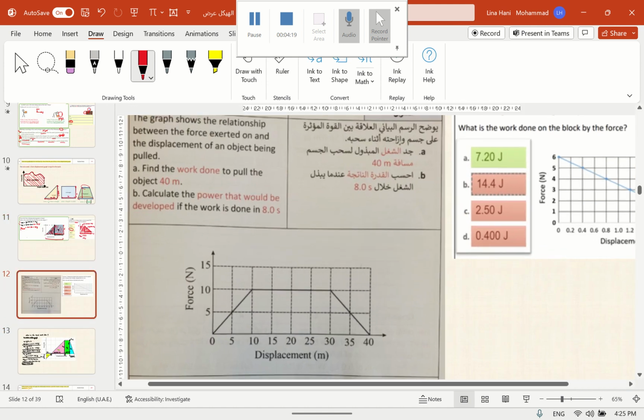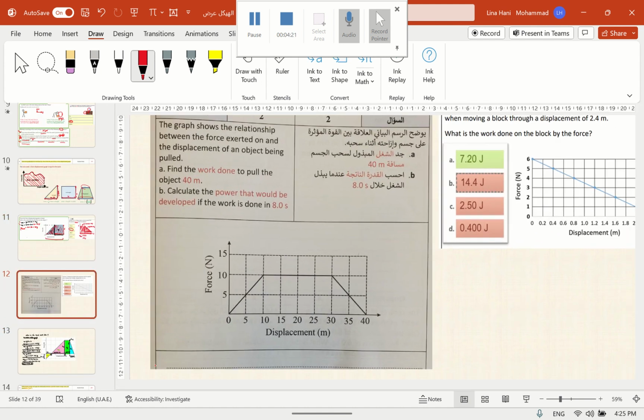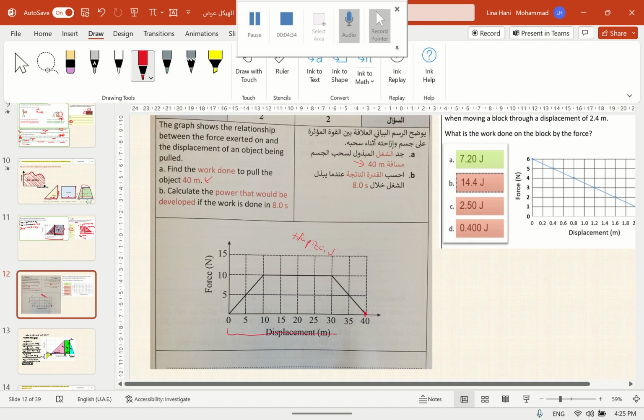That's another question in the ministry exam. Obviously this shape is a trapezoid. In this question he says what is the total work done in the first 40 meters only. 40 meters means that's the total displacement. So he wants you to find the total area under the curve.